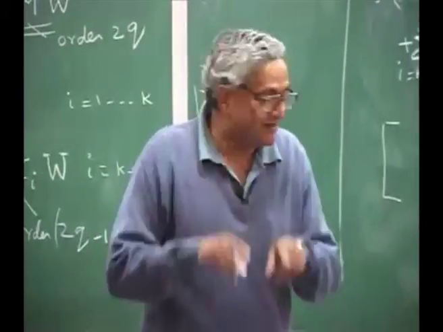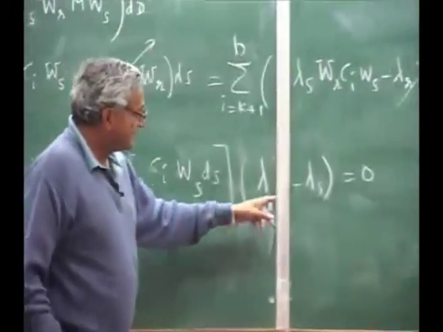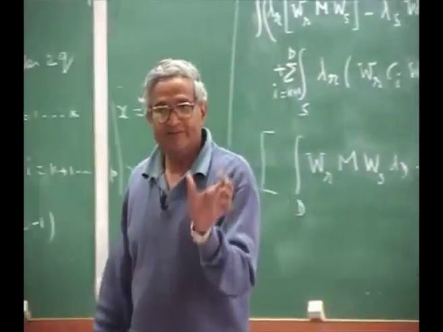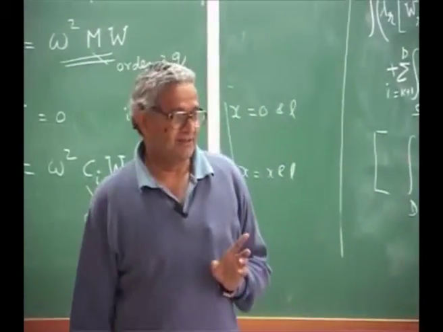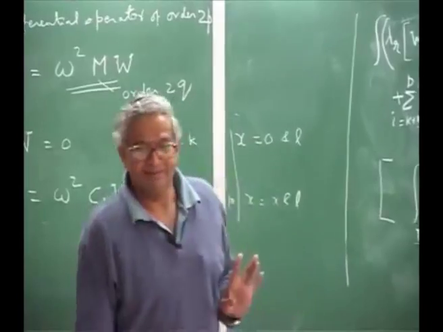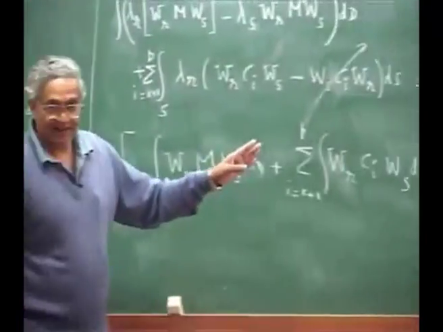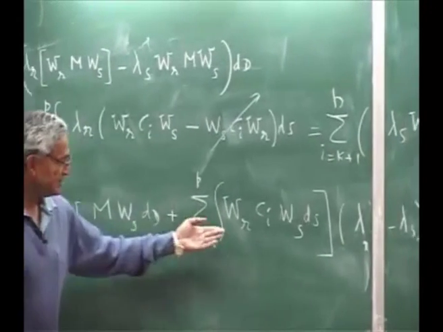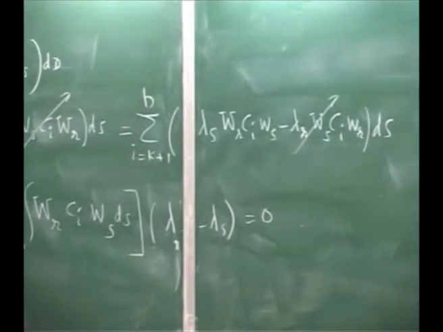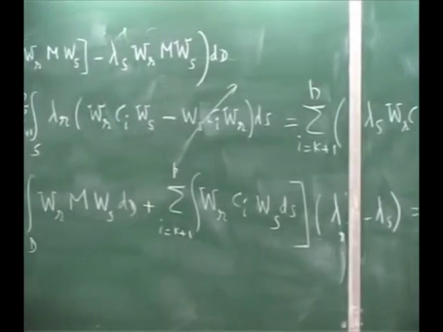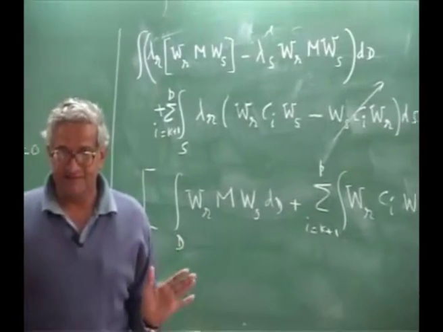Even though the values may be repeated, you still can have distinct eigenfunctions which are orthogonal. Okay, that is why now you say lambda R is not equal to lambda S. If it is equal, then also for this class of problems you can get the orthogonal eigenfunctions. They are distinct.